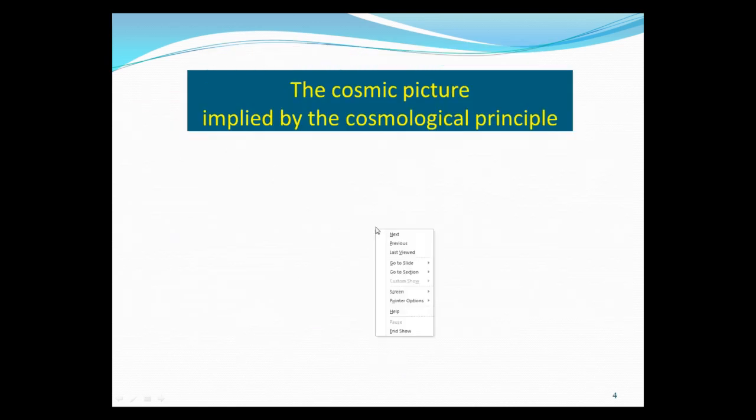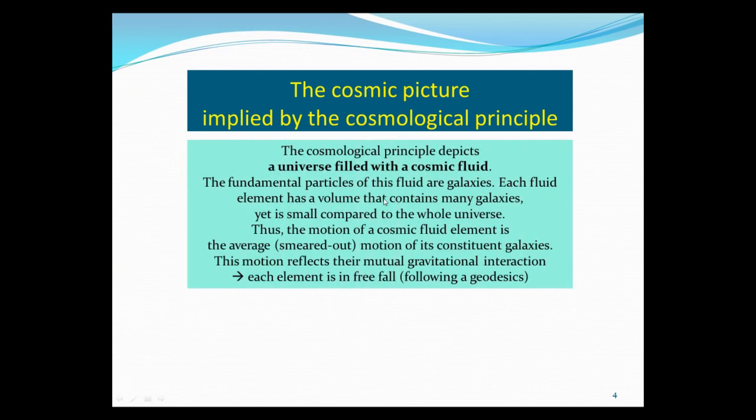The cosmic picture implied by the cosmological principle is that the universe is filled with a cosmic fluid. The fundamental particles of this fluid are the galaxies. Each fluid element has a volume that contains many galaxies, yet is small compared to the whole universe.